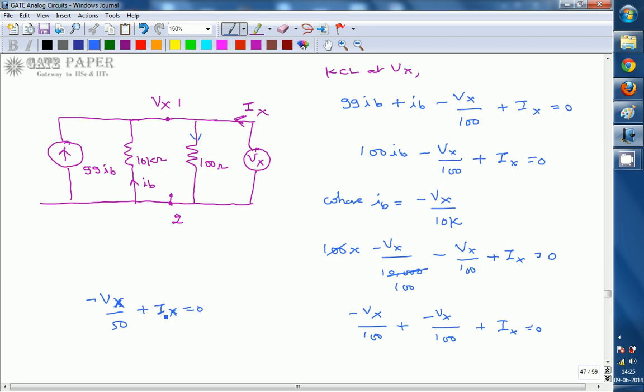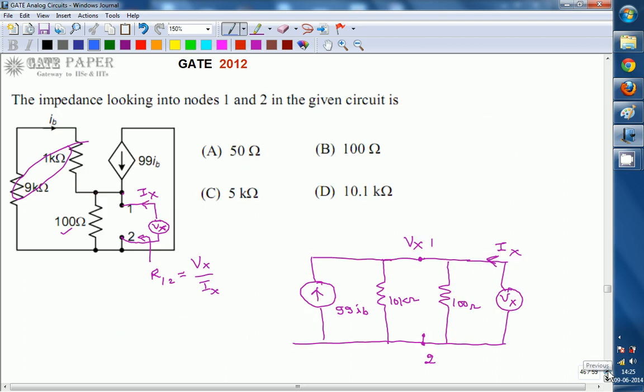Taking minus Vx to the other side, it is Vx by 50. So Vx by Ix, the resistance between nodes 1 and 2, is 50 ohms. That is the equivalent impedance between 1 and 2 for the given circuit.